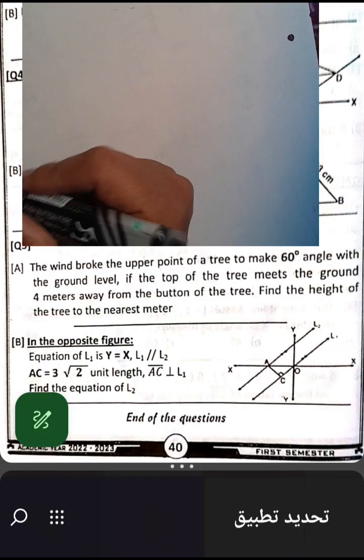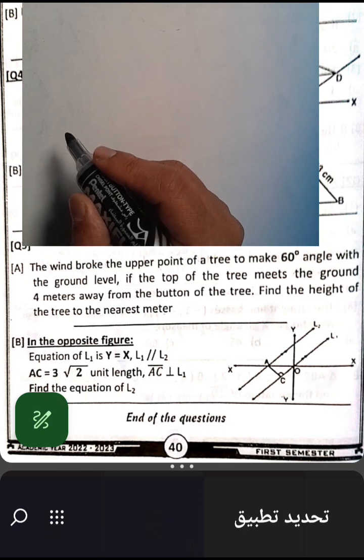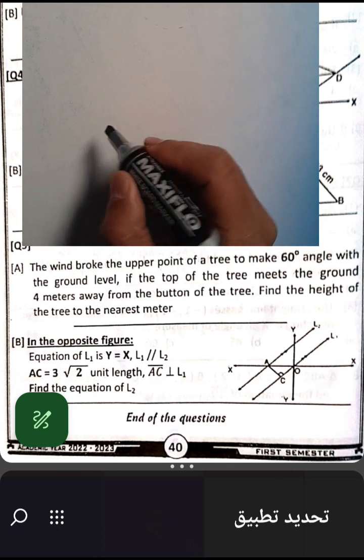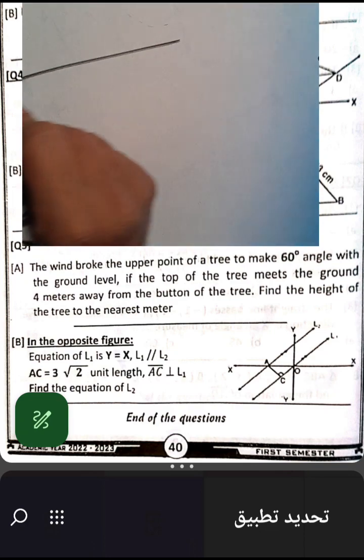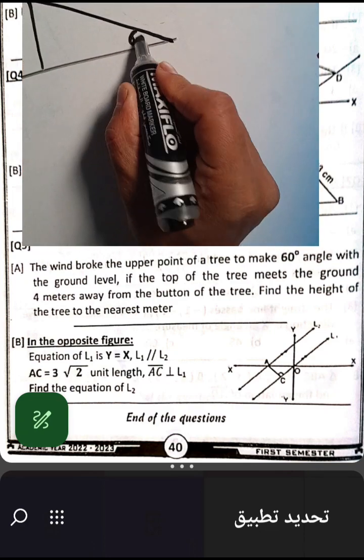Okay, pay attention to this example. The wind broke the upper point of a tree to make a 60-degree angle with the ground level. We have a tree here and this part was broken and makes 60 degrees to the ground.